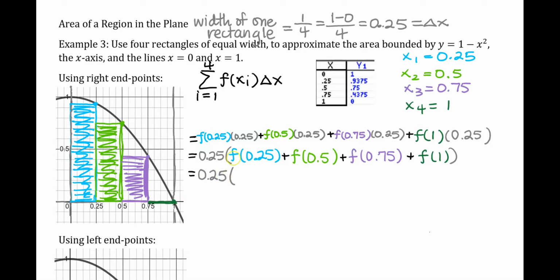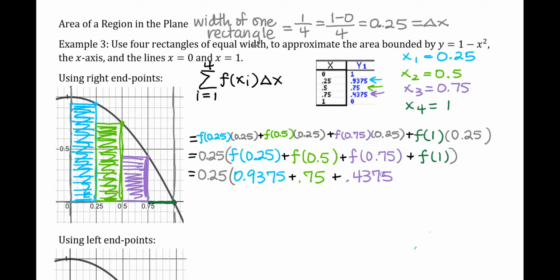So continuing to evaluate this, we have 0.25 multiplied by f of 0.25. I'm just going to grab that from the table. That is 0.9375. And then we add the function value at 0.5, which is 0.75. And then we add the function value at 0.75, which is 0.4375.